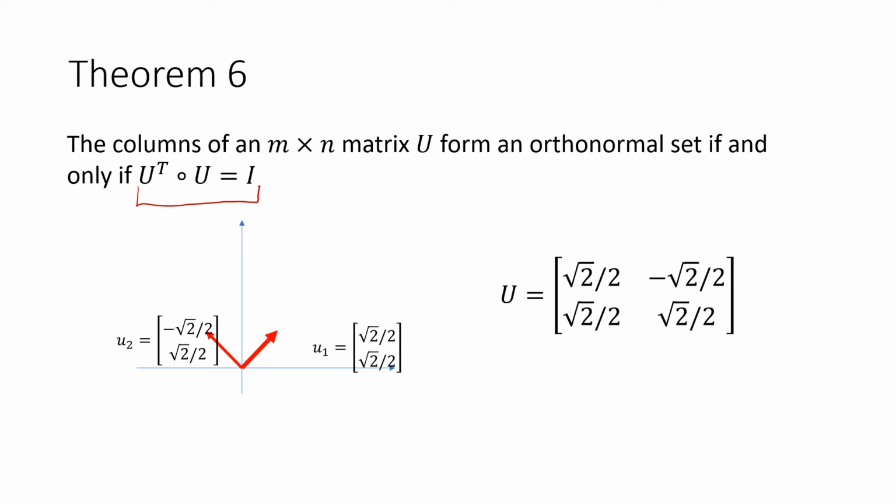Now, what this means in reality is that this makes some calculations a lot easier. So again, if you go to an orthogonal basis, things become easy. If you go to an orthonormal basis, things become even easier after that.